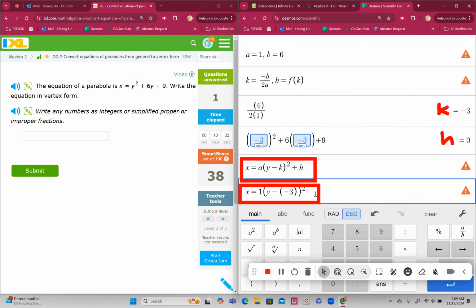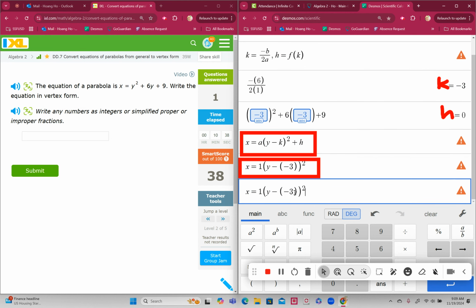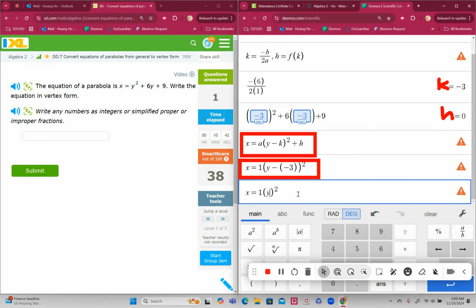Okay, but I'm almost done over here. So let's copy this one more time so you can see it. Negative 3, you change to become plus 3. All right. So now you are correct. So this is the vertex form of your horizontal parabola.